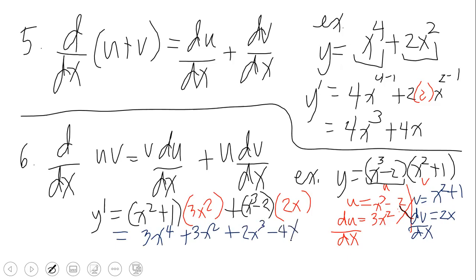So, simplify natin all the terms. So, you have already 5x y prime, 5x to the fourth. Then you also have plus 3x squared minus 4x.